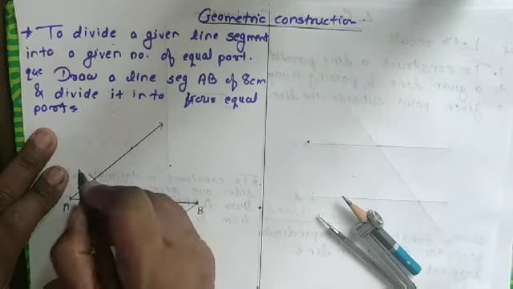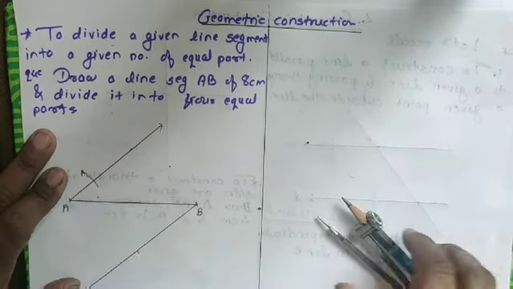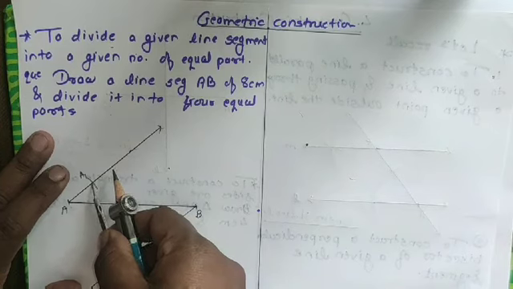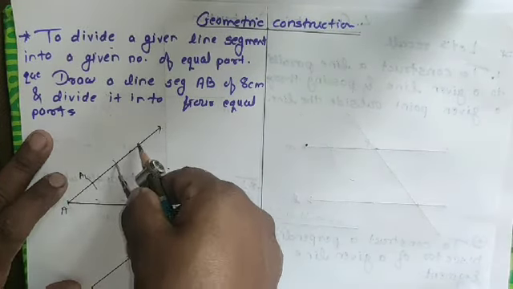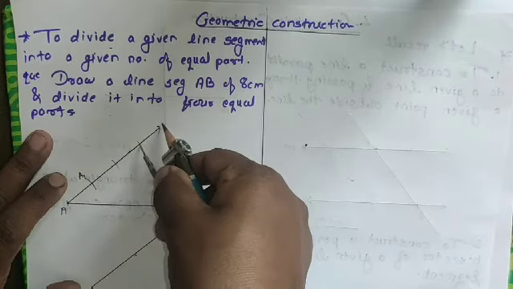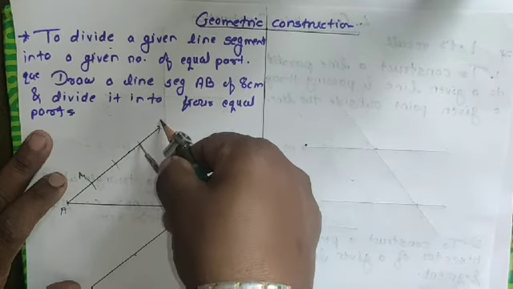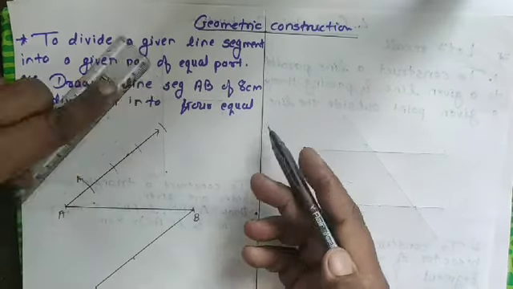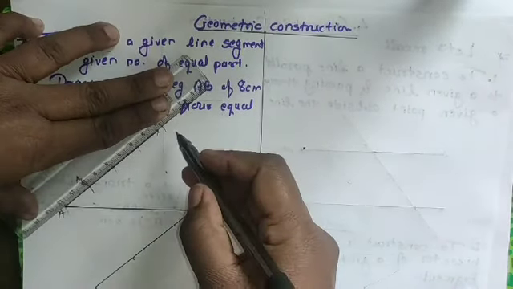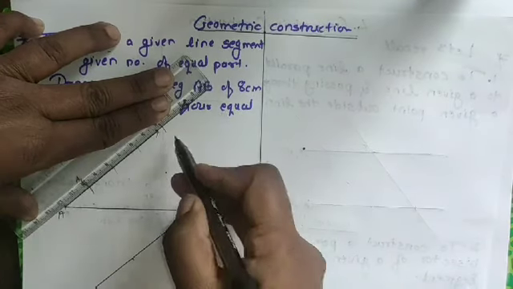Then A2, A3, and this one is A4. My length is small, so I will increase it. So take a sufficient distance in your compass.